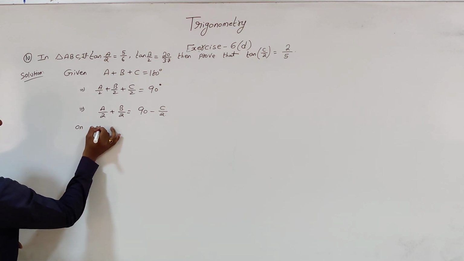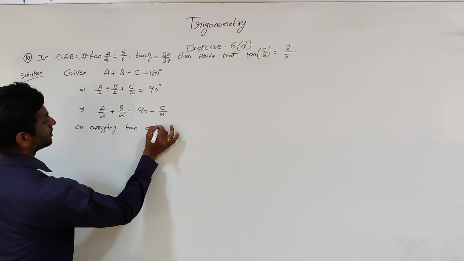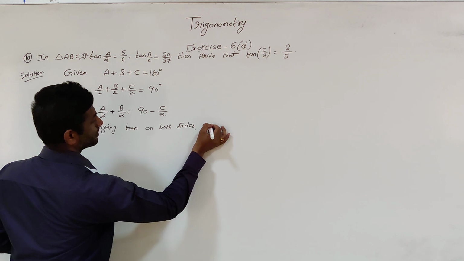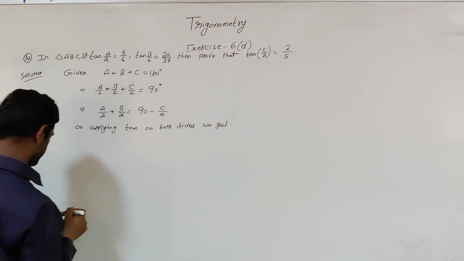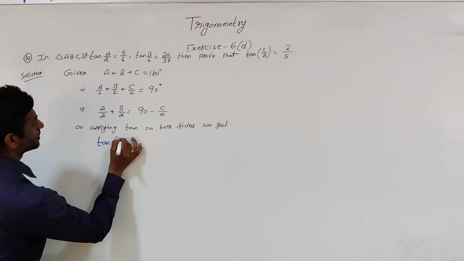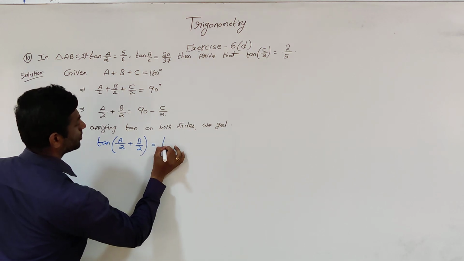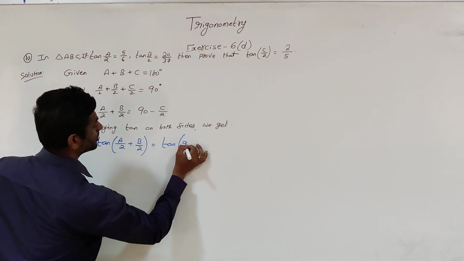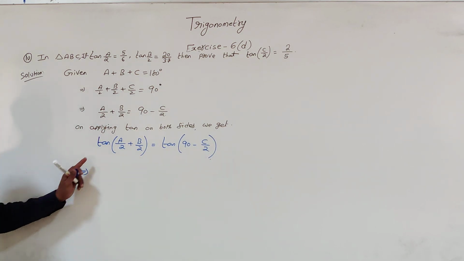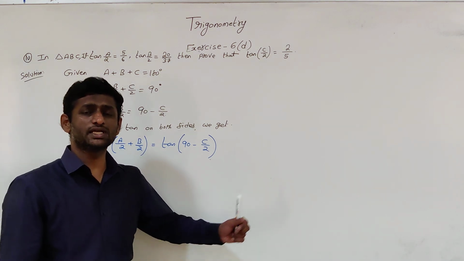On applying tan on both sides, we get tan of A by 2 plus B by 2 is equal to tan of 90 minus C by 2. But it is in what form? Tan of A plus B. What is tan of A plus B?